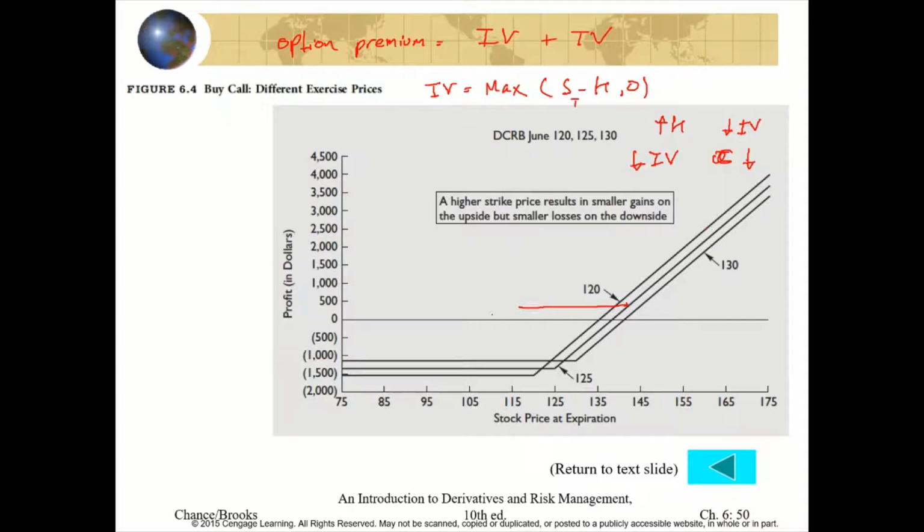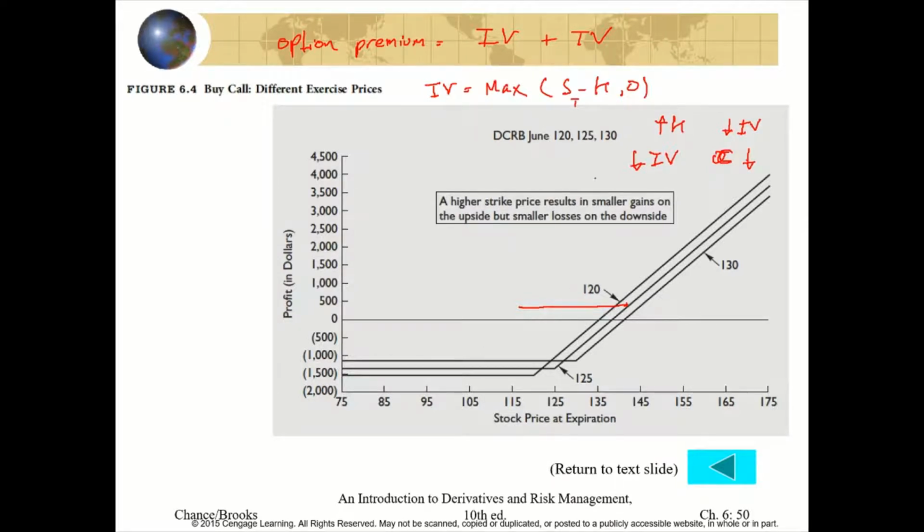So, to recap, what's the effect of the different strike prices? It has two effects. One is the effect on the losses you will incur in investing in the call option, which will be lower if the strike price is high, and highest if the strike price is the lowest.